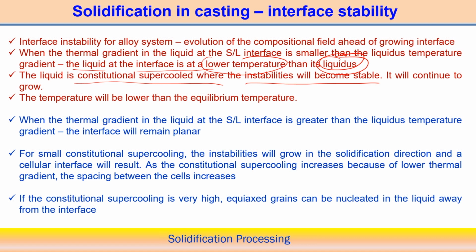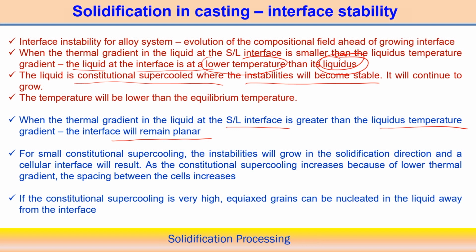Now the other way, just the opposite: when the thermal gradient in the liquid at the solid liquid interface is greater than the liquidus temperature gradient, the interface will remain planar. But with small constitutional supercooling, the instabilities try to grow in the solidification direction.